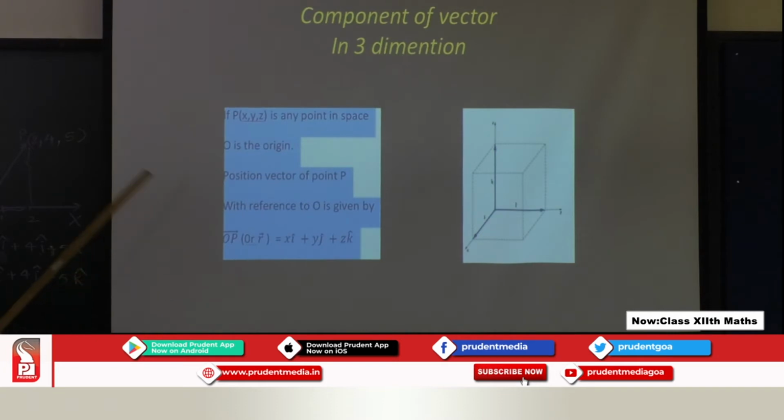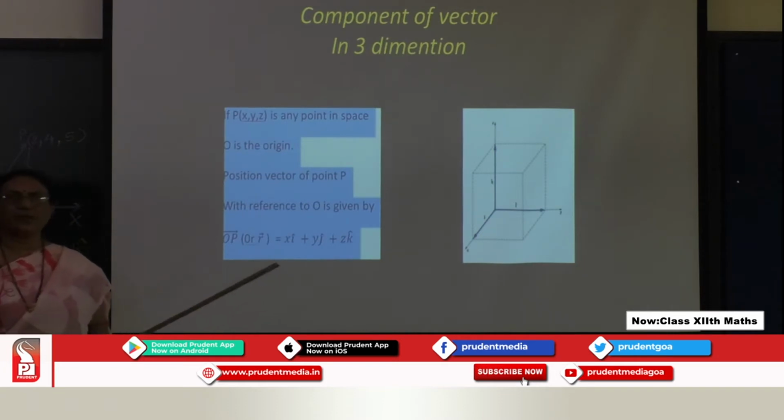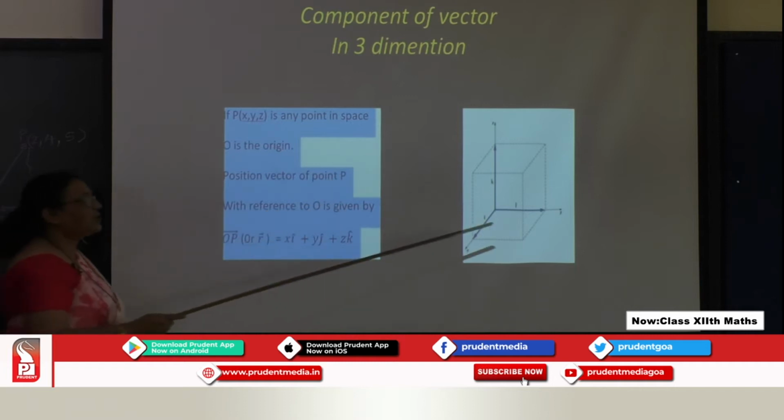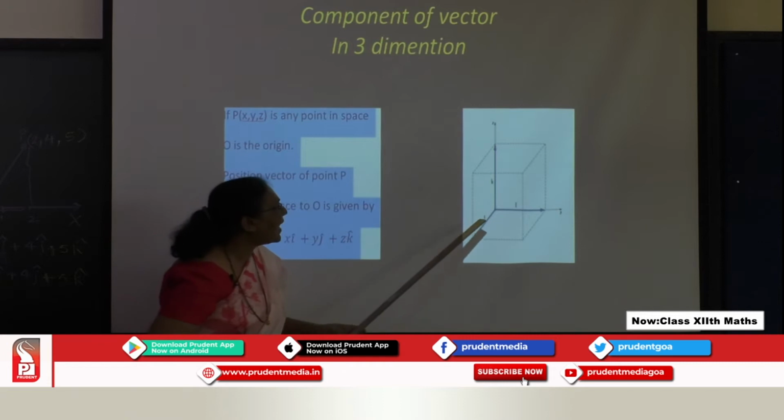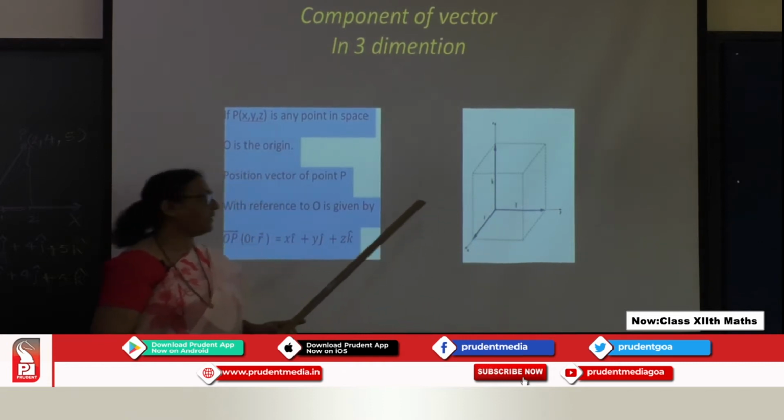Component of a vector in 3 dimensions. You had seen the example. Now see, this is the x axis, y axis and z axis. i, j, k are 3 unit vectors here.